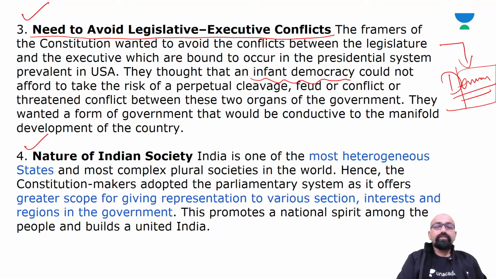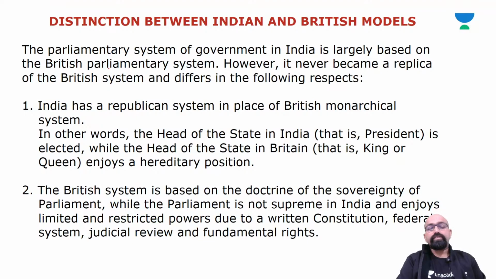So, this promotes a national spirit among the people and builds a united India. Yes. So, nature of the Indian society is the reason to adopt parliamentary system of government in our country.